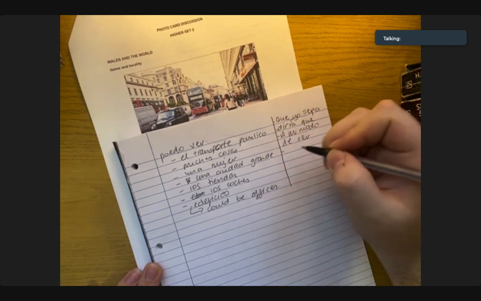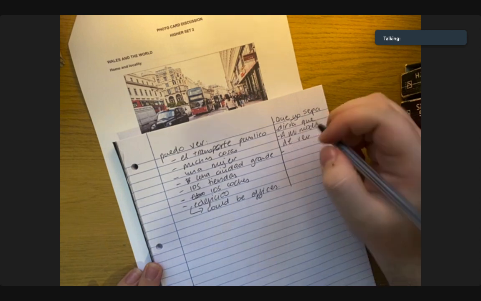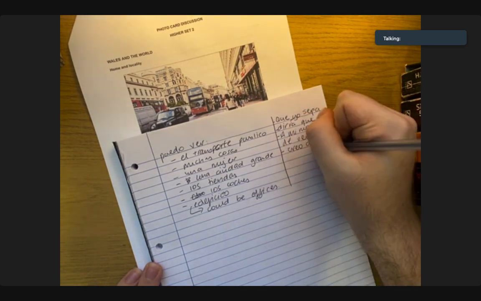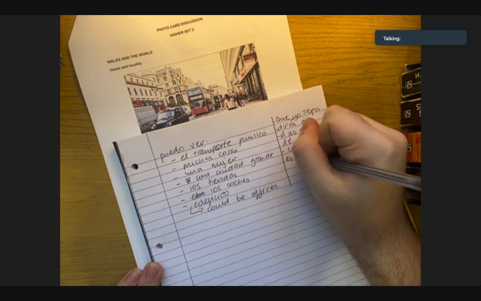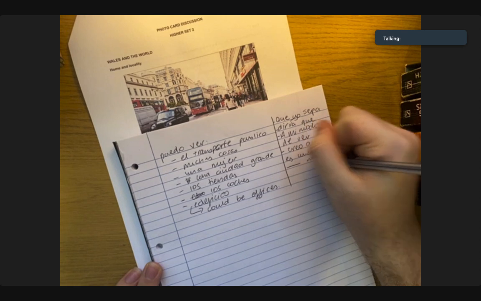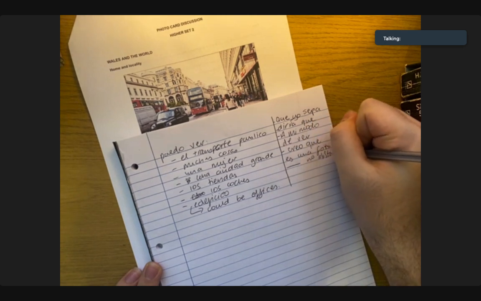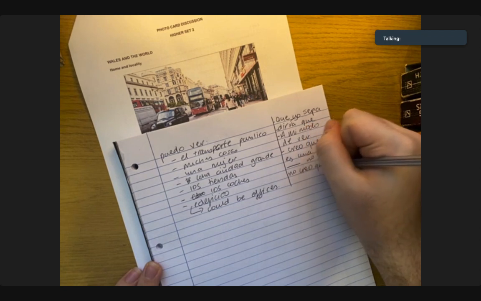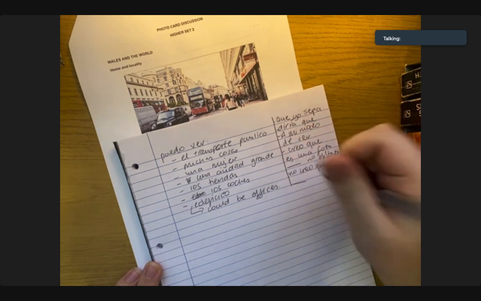And then we'll end it with, creo que es una foto, no obstante, no creo que sea something, situación.